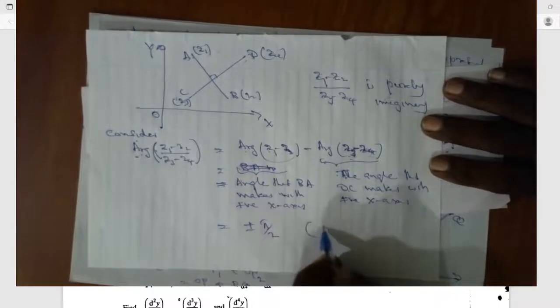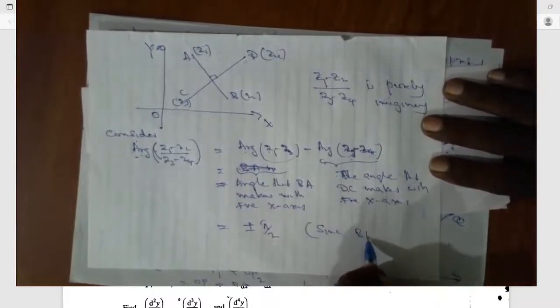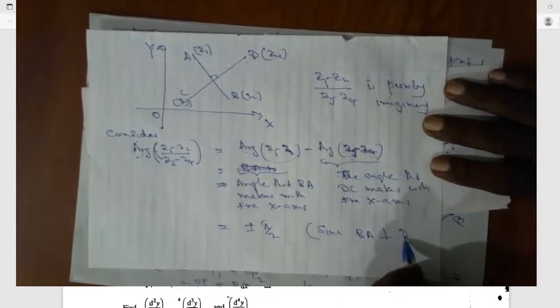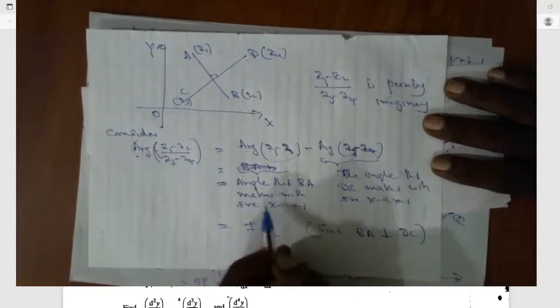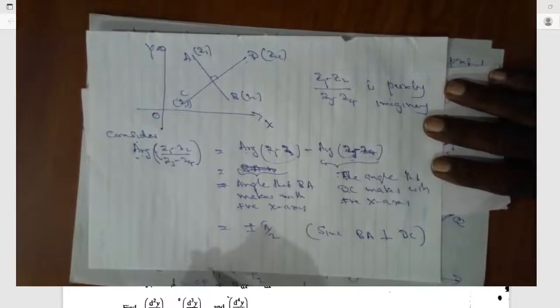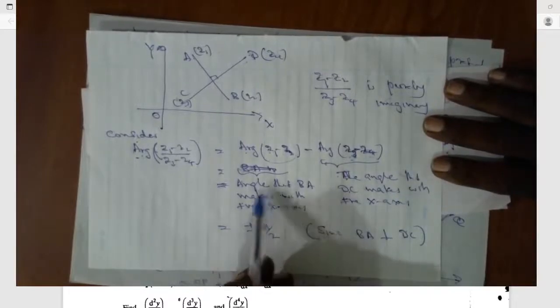Because BA is perpendicular to DC, both of the lines make angles with the same axis OX, right? Without looking at the diagram, there are two lines making two angles with the same axis. What comes from the difference of those two? The angle between those lines.